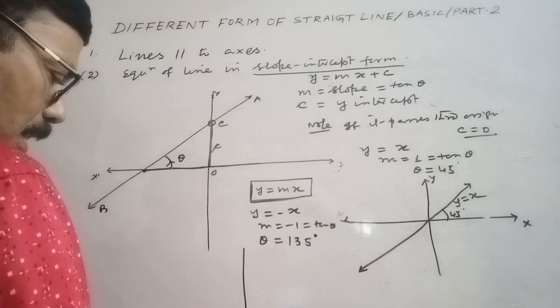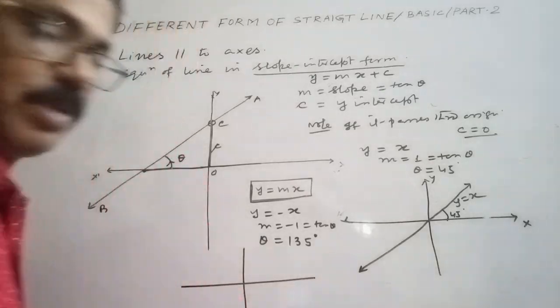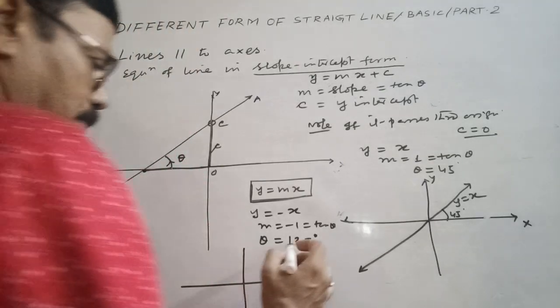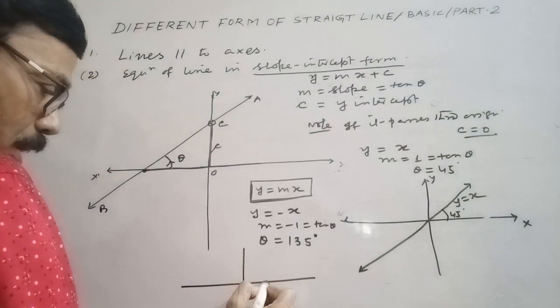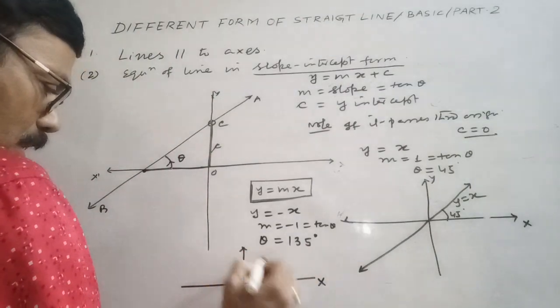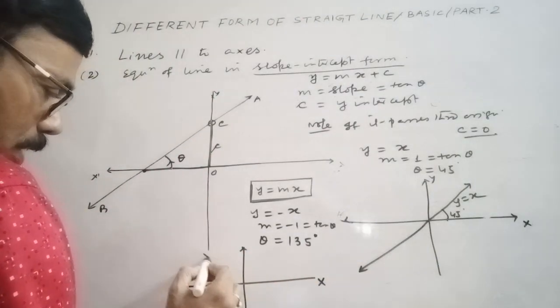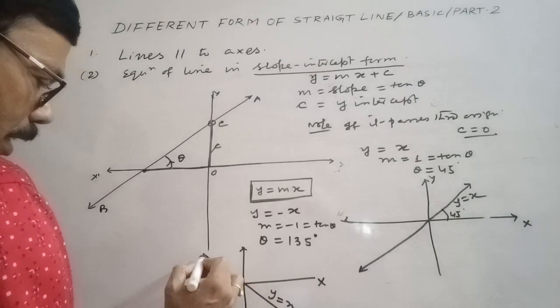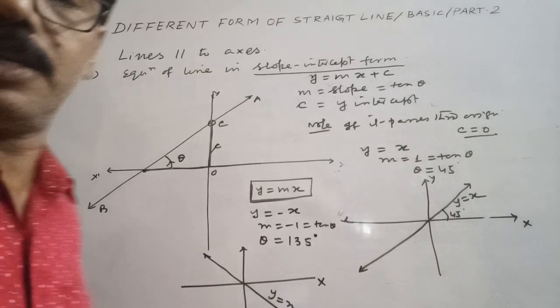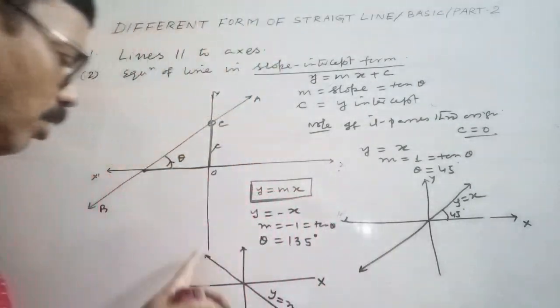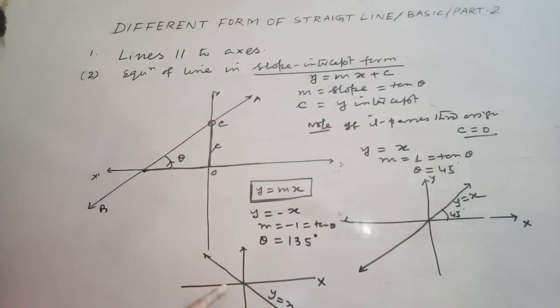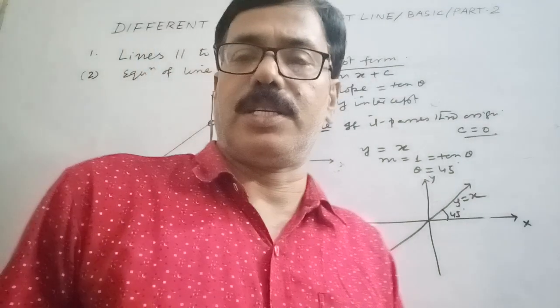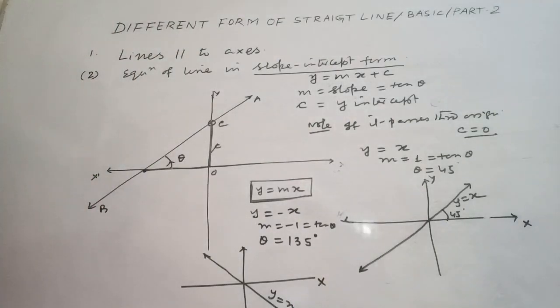So theta equals 135. It passes through origin and makes an angle of 135 from the positive x-axis. So this is 90 plus 45. This y equals minus x is also the equation of the bisector of the second quadrant.